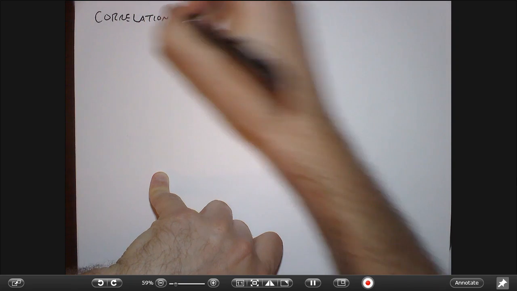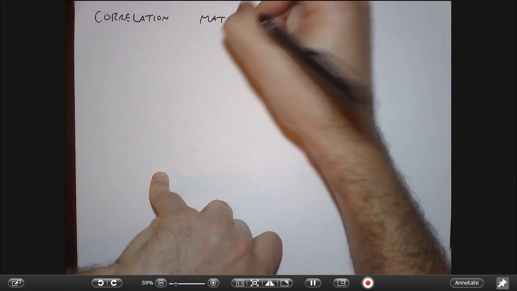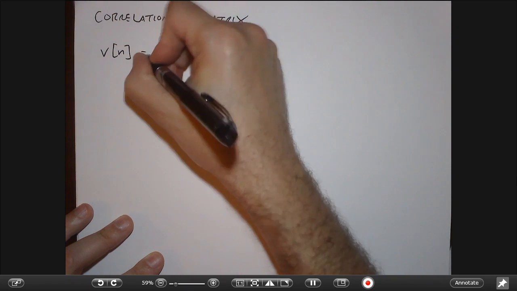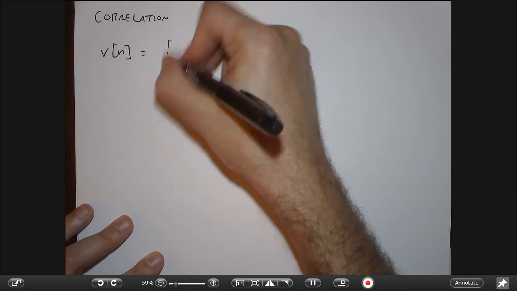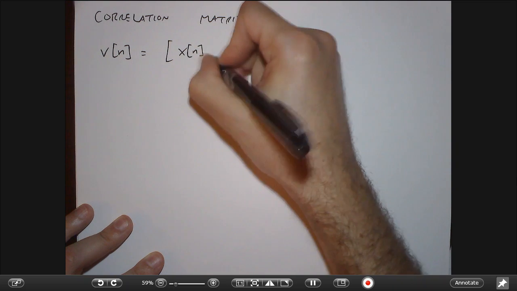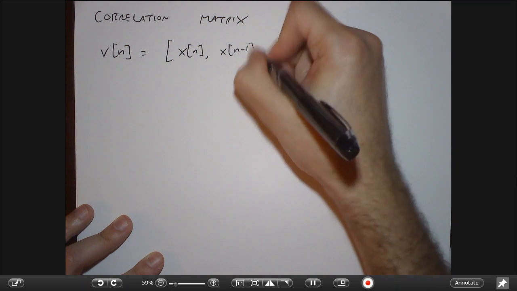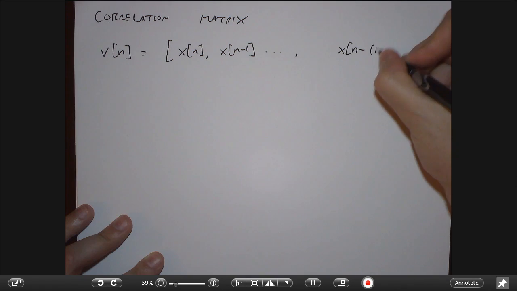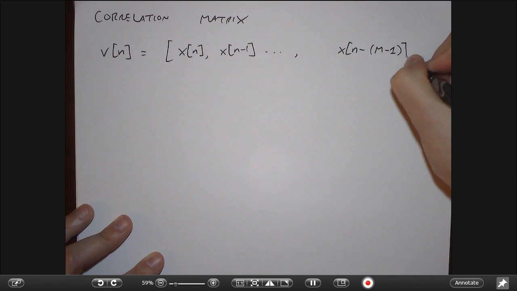And what I mean by that is, let's suppose I have a vector that contains my current value of x and m minus 1 previous values of x, right?